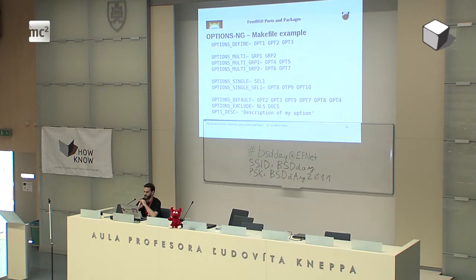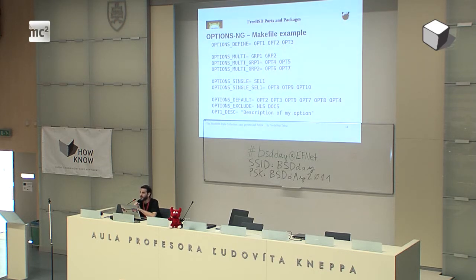Then you also have the possibility to of course set which options are on and which options are off. You know, the maintainer of the port sets this is the best configuration I can think of for my port. And you can exclude system level options, like for example, by default all ports build documentation.